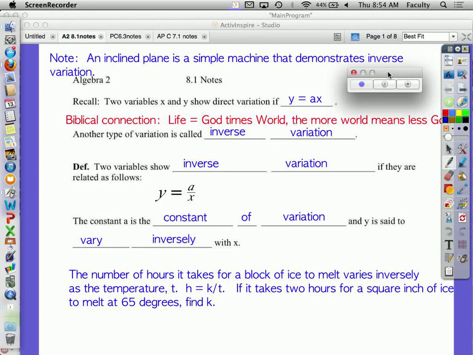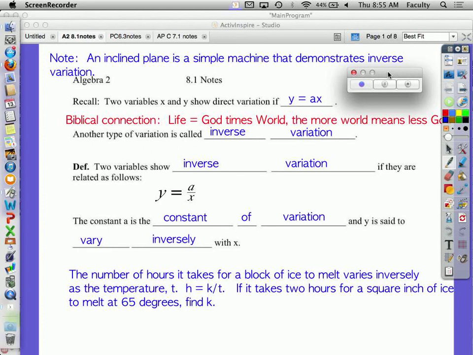Recall, two variables, x and y, show direct variation if y equals a times x. Another type of variation is called inverse variation. So I thought, what would be a biblical connection to this? If you think of life equals God times the world, the more world you have inside of you, the less God is inside of you.